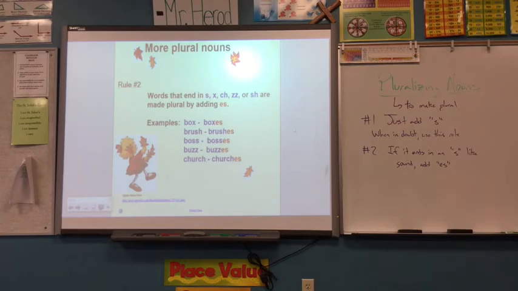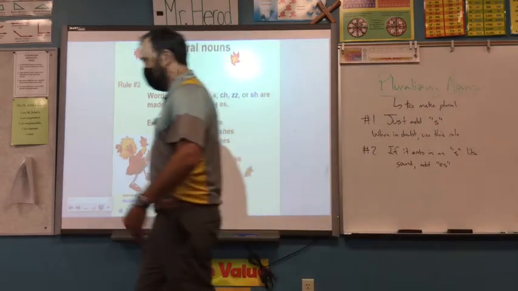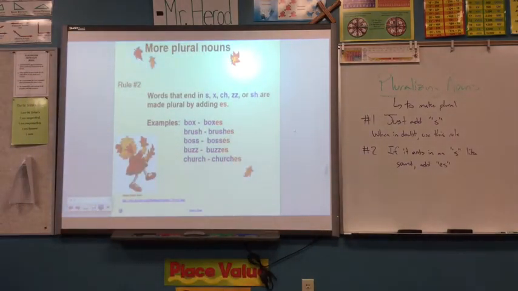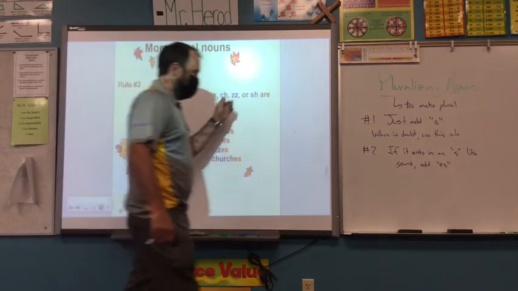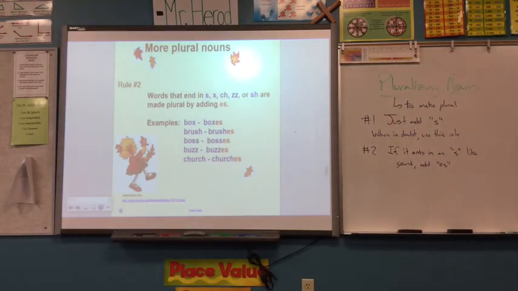That's the trick. If it has an S-like sound at the end, we add ES to it. That's not technically right, and it doesn't work all the time, but it works 99% of the time. Because it's English. So you should have that down, but if you want to write down my trick, I would definitely do that too.